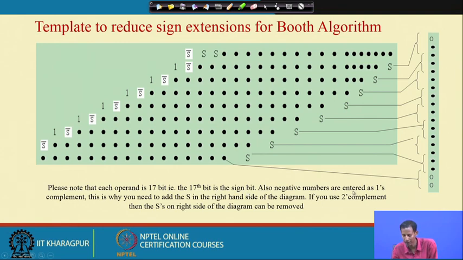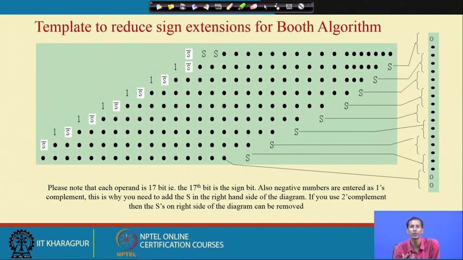Also, negative numbers are entered as 1's complement. This is why you need to add the s on the right hand side of the diagram. If you use 2's complement, then the s on the right hand side of the diagram can be removed. Okay. So, instead of putting the sign up to this position, I can write something like this, so that I can remove the extra burden of extending the sign up to this particular position.